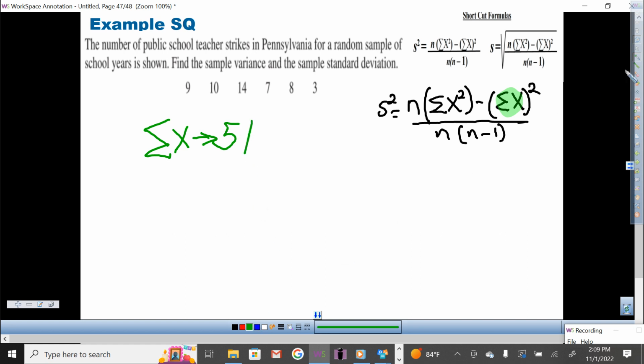Next, I'm going to change to pink. Let's do this part, and I'll use red over here. We got the sum of x squared. All right, so let's start here. What is 9 squared? 81 plus 10 squared, 100, plus 14 squared, plus 7 squared, and plus 9 squared.